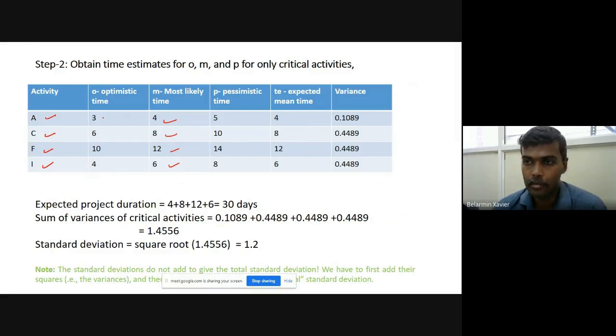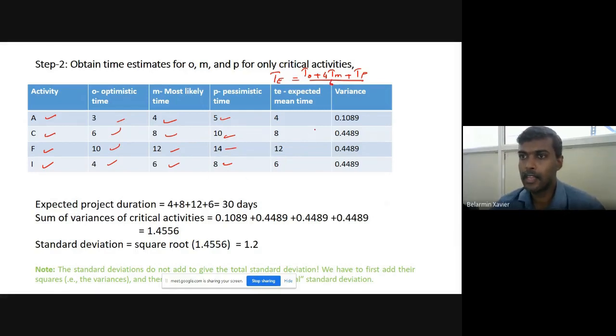Based upon the experience, it is provided as 3, and the pessimistic time is 5. Similarly, for each activity, the optimistic values are given. Then from this we can find the expected time, that is TE. TE is equal to optimistic time plus 4 times most likely time plus pessimistic time, divided by 6. Clear?